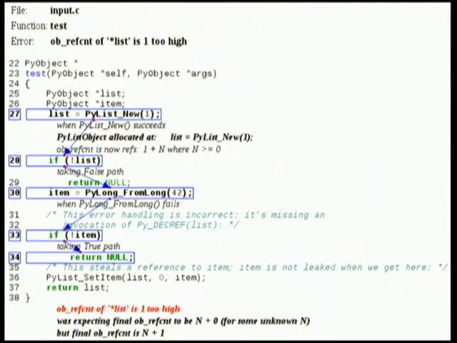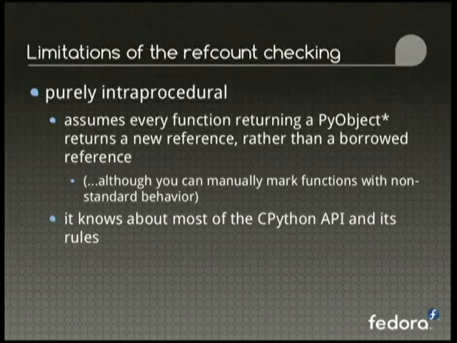So the refcount field ought to be 0, but it's looked at the activity of the refcount field and seen that actually the refcount field is 1 plus that abstract n. And so we have a memory leak. This method leaks memory when it follows this particular flow of execution through the function. And so it will emit reports describing the errors, the memory leaks, and so on in your code.